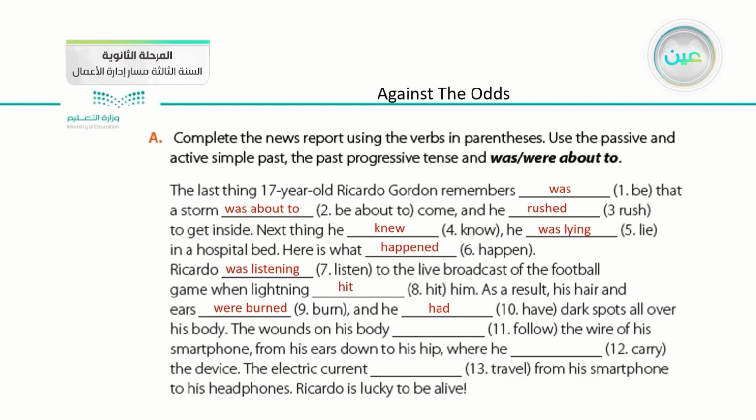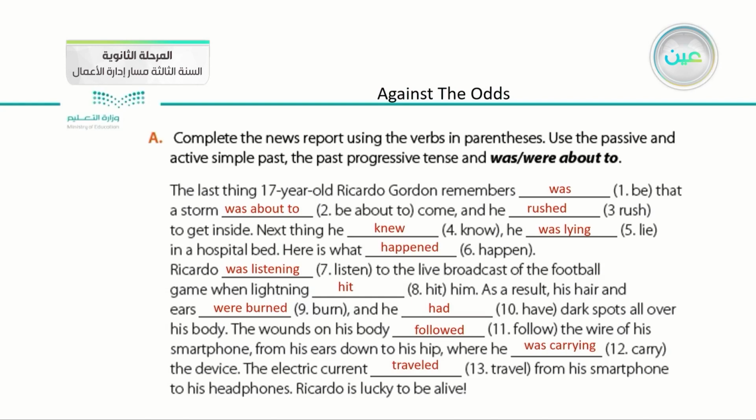The wounds on his body followed the wire of his smartphone from his ears down to his hip, where he was carrying the device. The electric current traveled from his smartphone to his headphones. Ricardo is lucky to be alive.